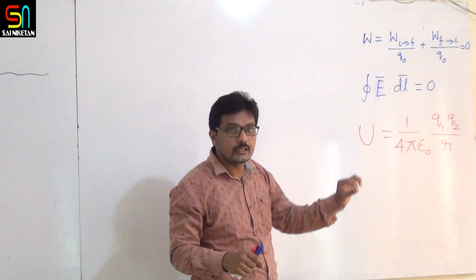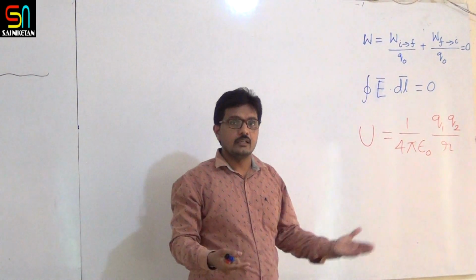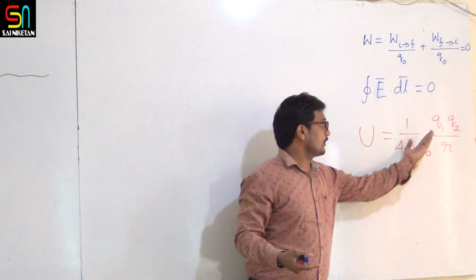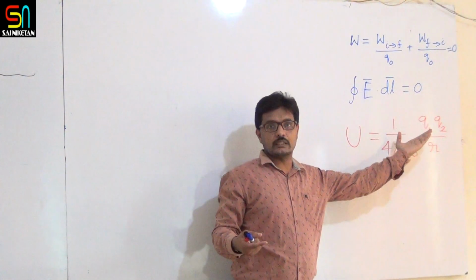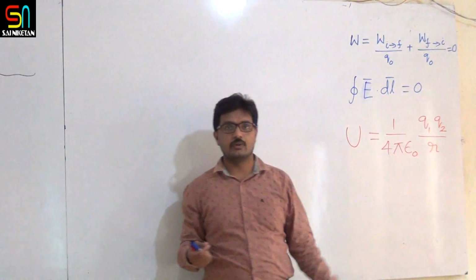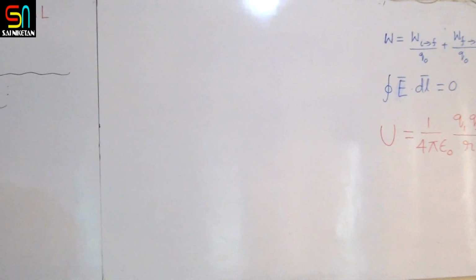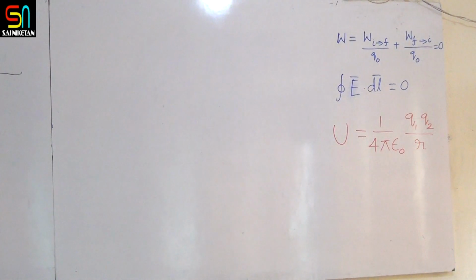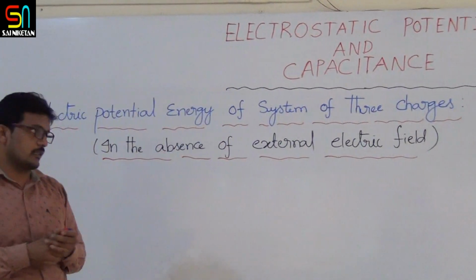Initially there is no electric field. If there is no external electric field, then to bring one of the charges we need not do any work, and only to bring the charge Q2 we need to do work, that is W2. Finally we add the total work to get the potential energy of the system of two charges.